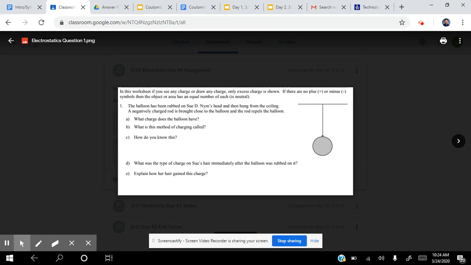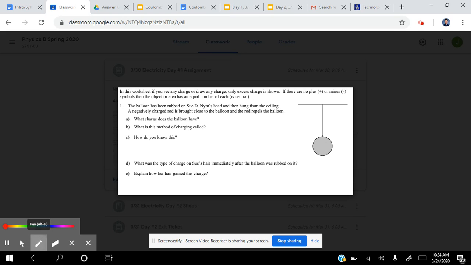So it says, a balloon has been rubbed on Sue's head and then hung from the ceiling. A negatively charged rod is brought close to the balloon, and the rod repels the balloon. What charge does the balloon have?